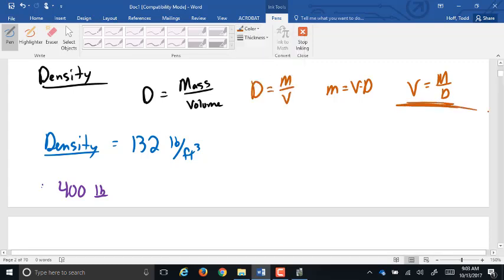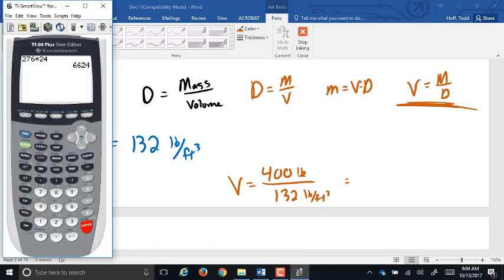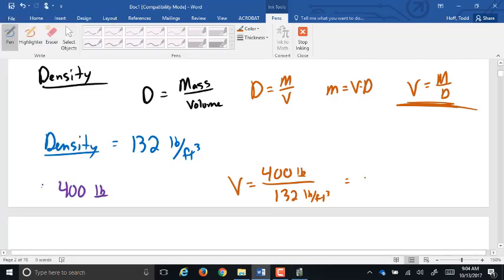So our volume, using this formula, is the mass. Now technically 400 pounds is a weight, not a mass. We'll discuss that difference at some point here. Divided by the 132 pounds per cubic foot, which is going to give us, what, 3.03 cubic feet.